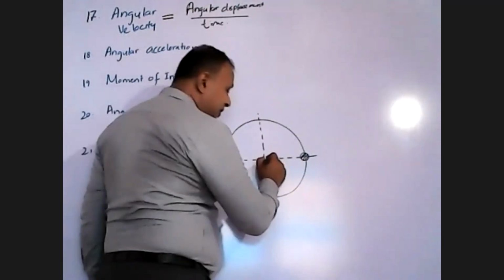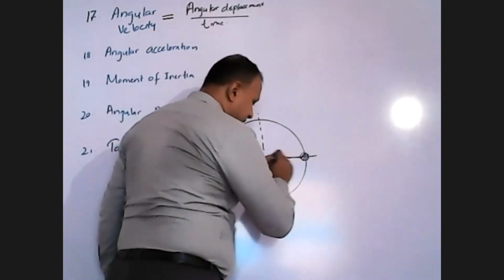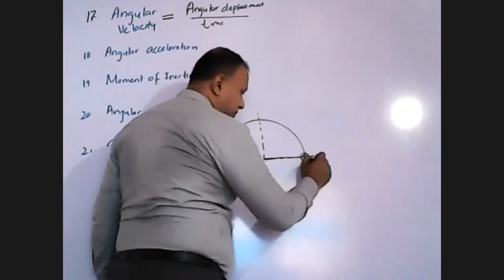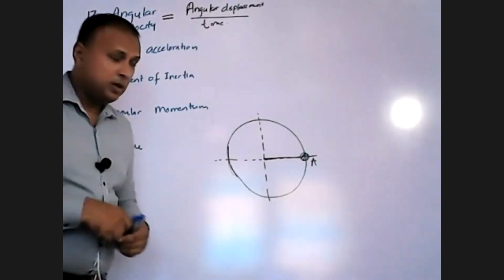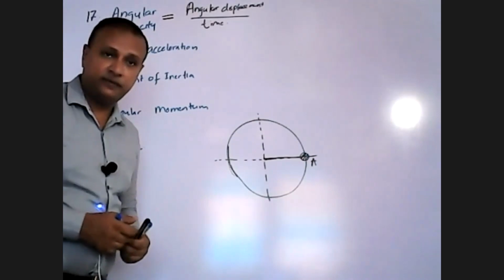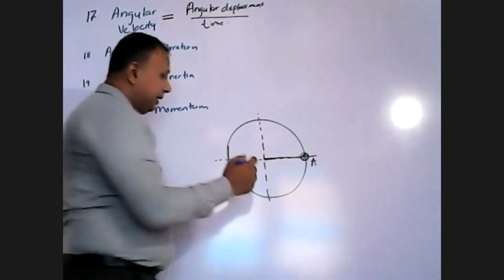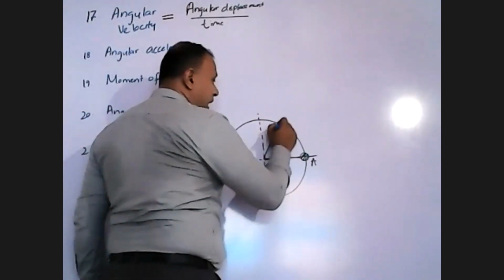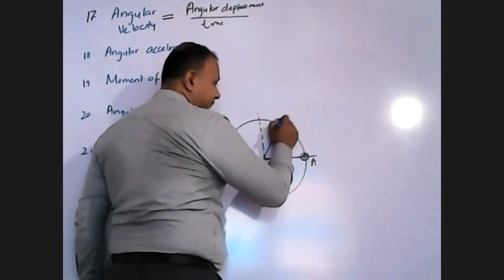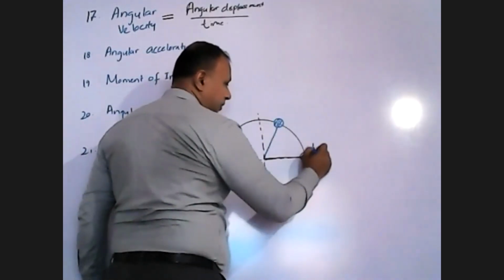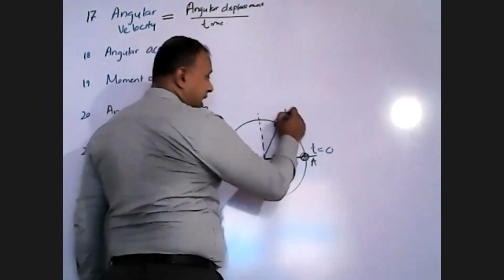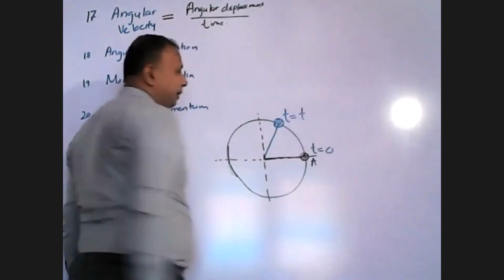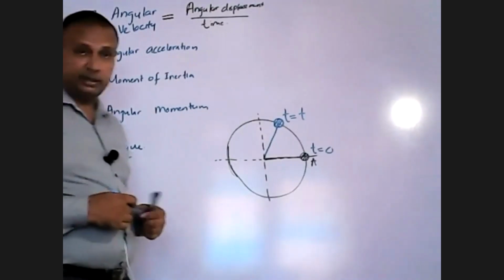path, and it has started its rotation from this point. And after some time, it has displaced up to this level. So this is t equals 0, and this is after t seconds.